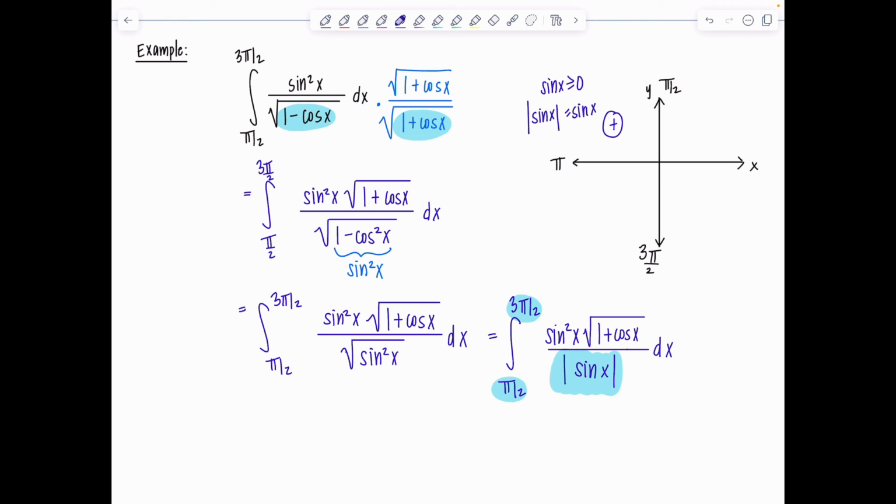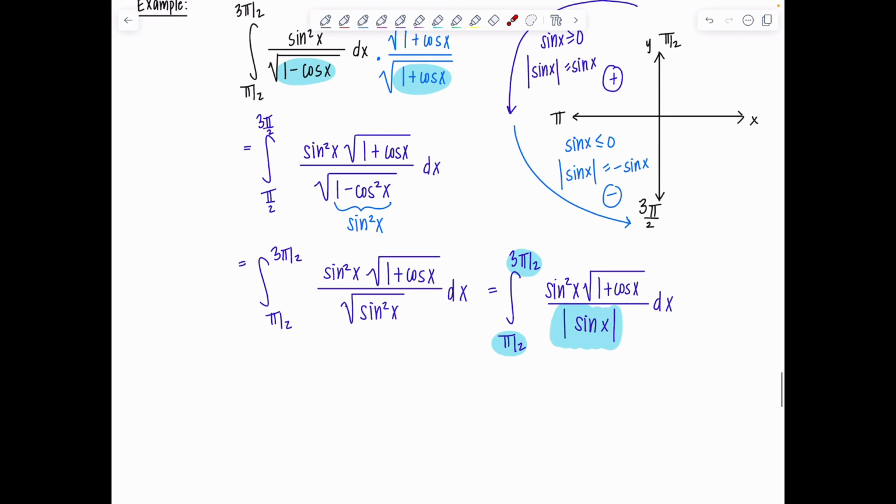Now, from pi to 3 pi over 2, from here to here, sine of x is less than or equal to 0, so absolute value of sine x is negative sine x, because it's negative there, okay? So we're going to split this integral from pi over 2 to 3 pi over 2 at pi. And I'll just deal with each piece accordingly.